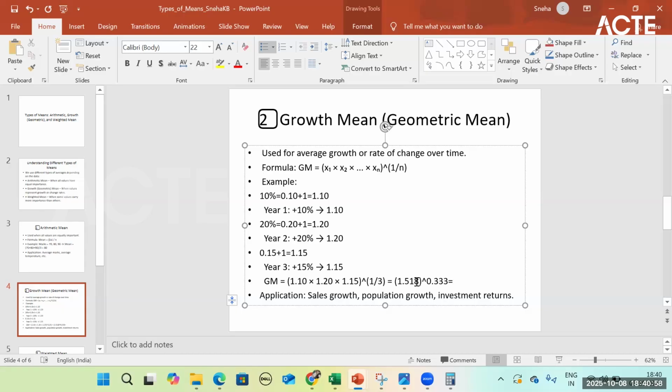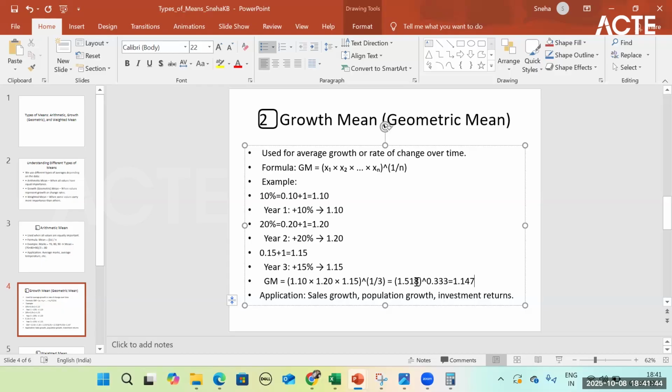Ma'am, should I do multiplication? No, power. Exponential. To the power of 0.333. It will be somewhere around 1.14. No, power, I'm telling. 1.518 power of 0.333.